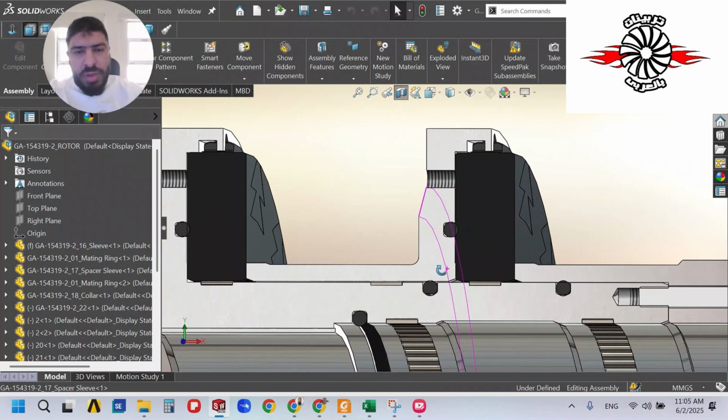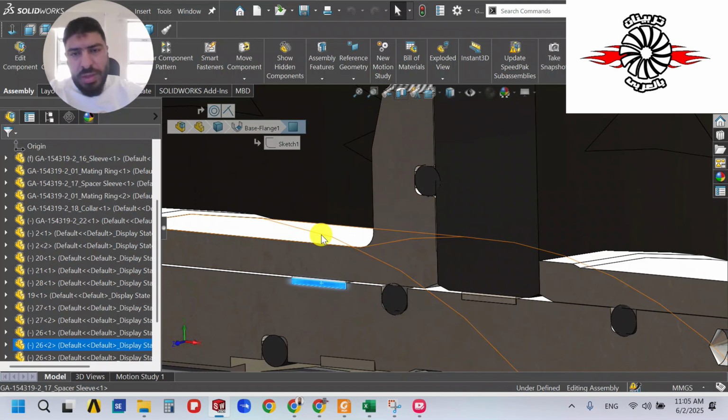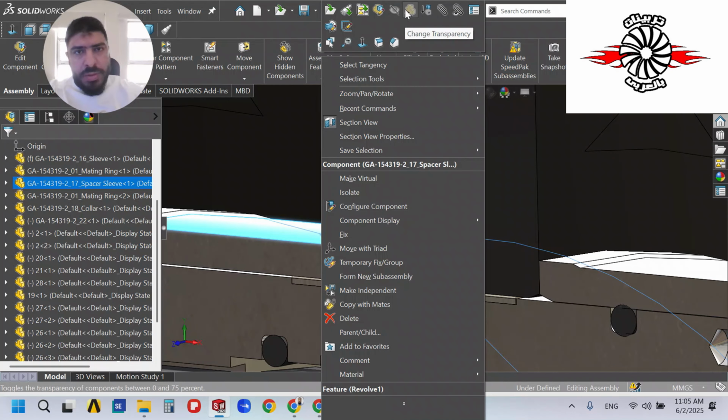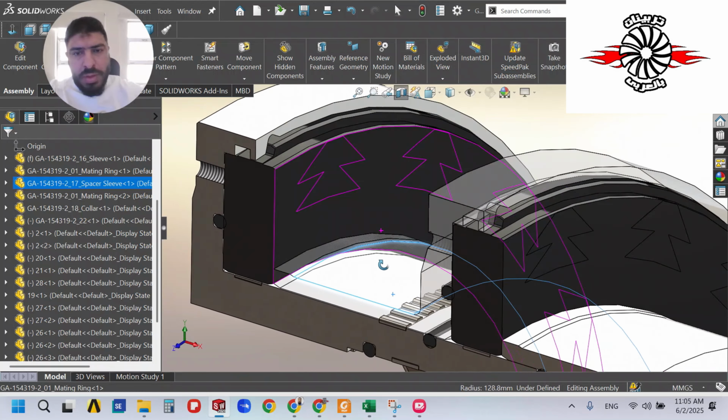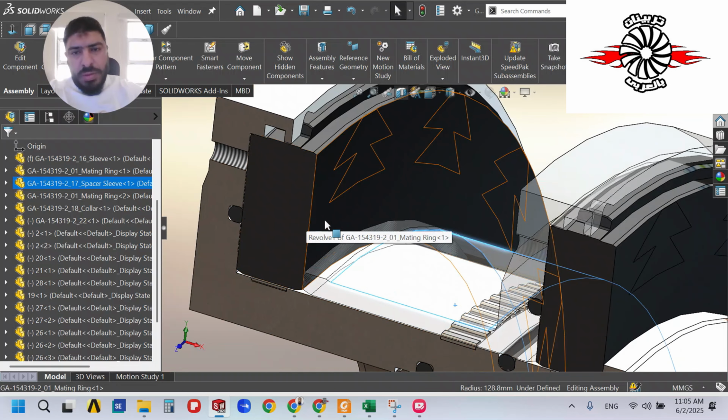And also we can see here our straining ring or tolerance ring. As you can see here, this is the stripping ring or tolerance ring, and its function is to centralize the spacer sleeve with the shaft sleeve.